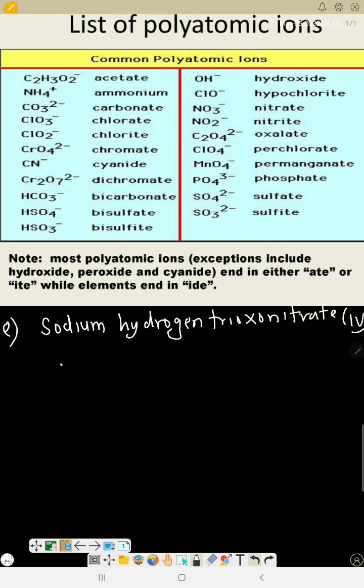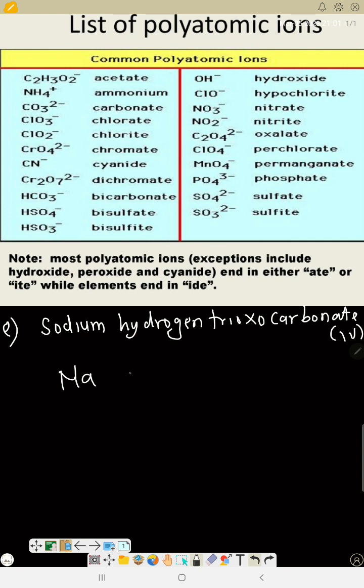So sodium is Na. Hydrogen trioxocarbonate(IV), not nitrate. Sodium is Na.